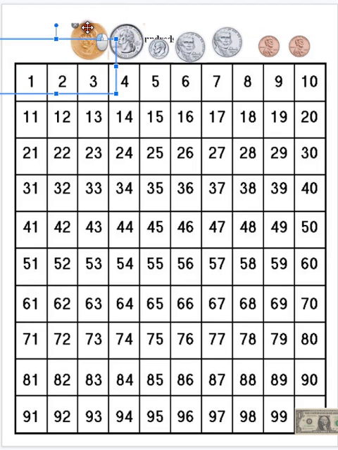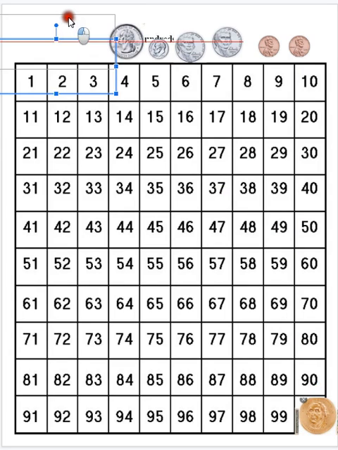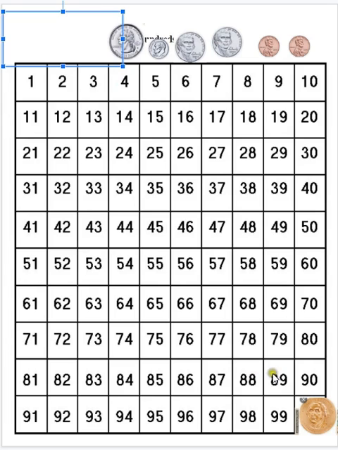If I can move my box here. I'm going to put that on 100 too. Okay? And the way I would write that is, well, I have 200. 200 cents is $2. So the way I would write that would be, I would write 2.